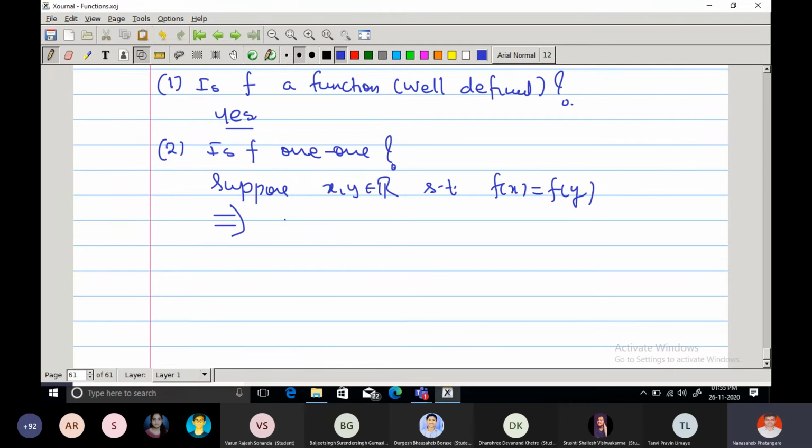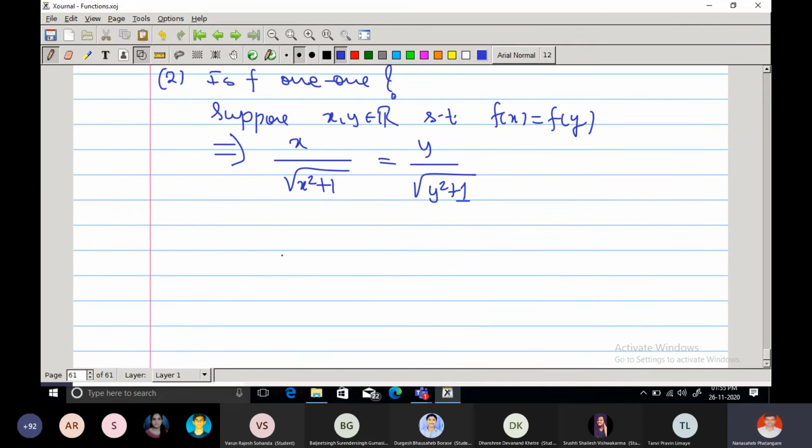f of x is equal to f of y means what? x upon square root of x square plus 1 is equal to y upon square root of y square plus 1. Correct. Because our question is whether the pre-images are the same. Let us try to find out.